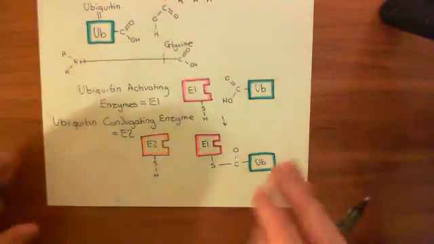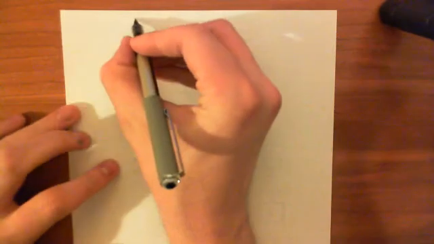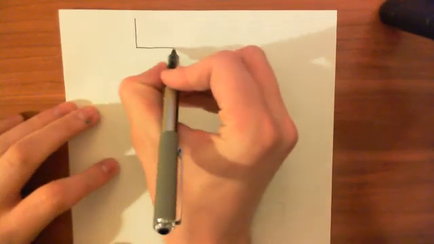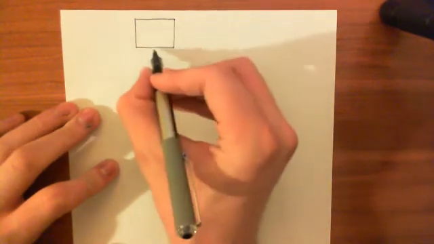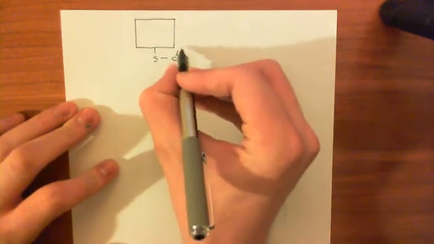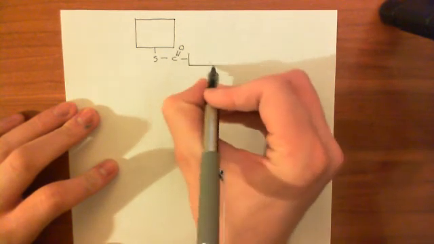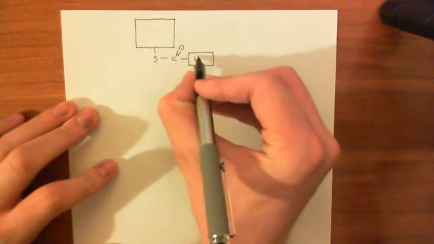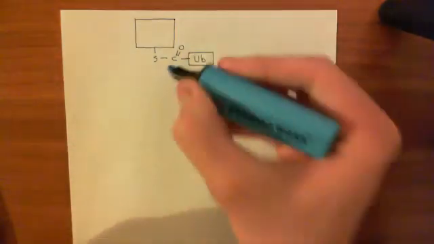So, let's draw this on the next page then. What's going to happen is our E2 enzyme is going to end up with the ubiquitin group stuck on the side of it. So here is the terminal carboxylic acid group of our ubiquitin protein.